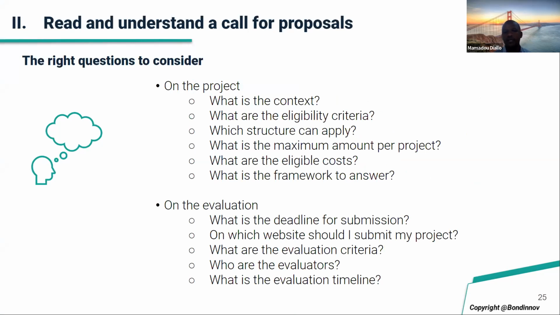What does the funder want? Why is he launching the call for projects? What are the eligibility criteria? Are you eligible as an individual, or as an institution? Are you eligible as a consortium? Go read it, understand it, and get ready. Find out whether you can apply or not before wasting your time working on a project where you're not even eligible.